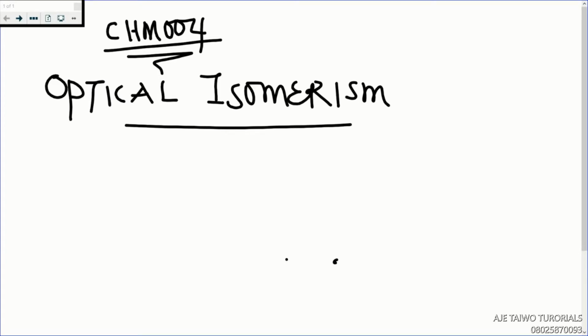But differ in direction of what? Rotation of plane polarized light.